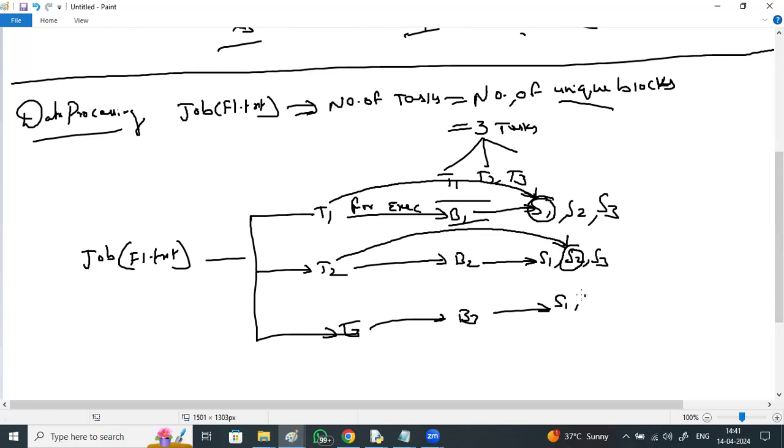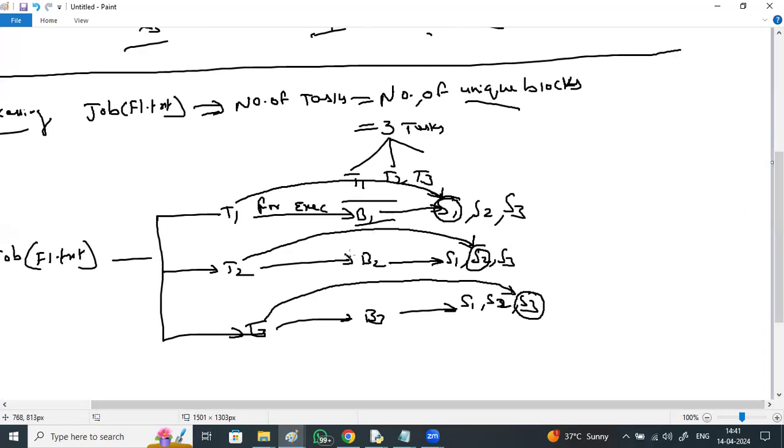T3 also can be executed by S1, S2, and S3. Assume the master node has selected S3 only for executing the T3 task. So T1 by S1, T2 by S2, T3 by S3.